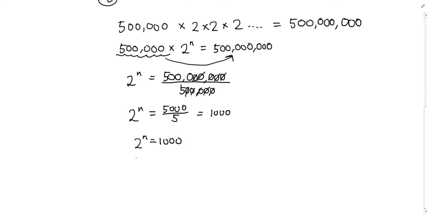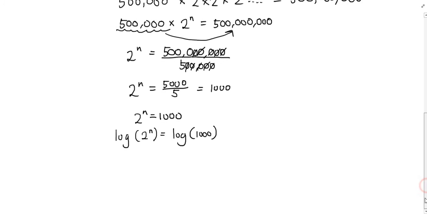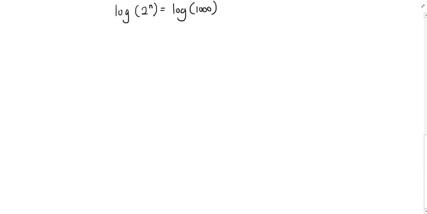Now, in order to solve that, I can log both sides. So log of 2 to the power of n equals log 1,000. And now I can use one of the log rules to move the n to the front of the log. So it's n log 2 equals log 1,000.